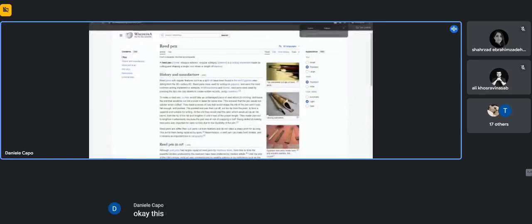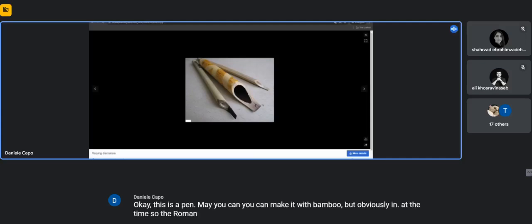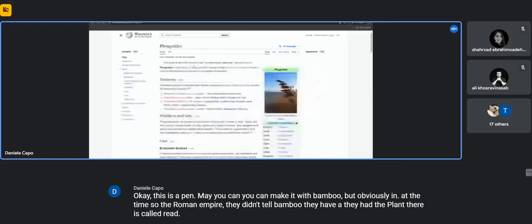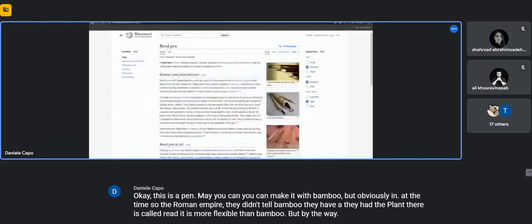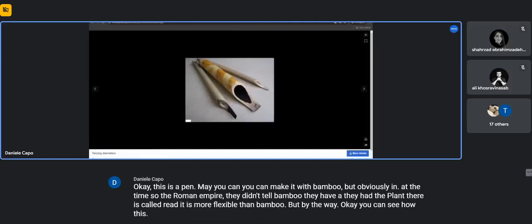Okay, this is a reed pen. You can make it with bamboo, but obviously at the times of the Roman Empire, they didn't have bamboo. They had the plant that is called reed. It is more flexible than bamboo. By the way, you can see how it is cut.